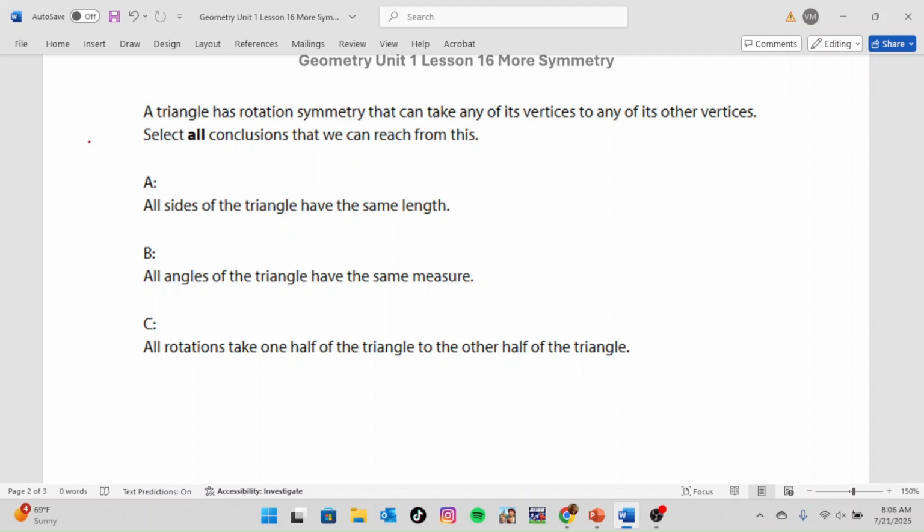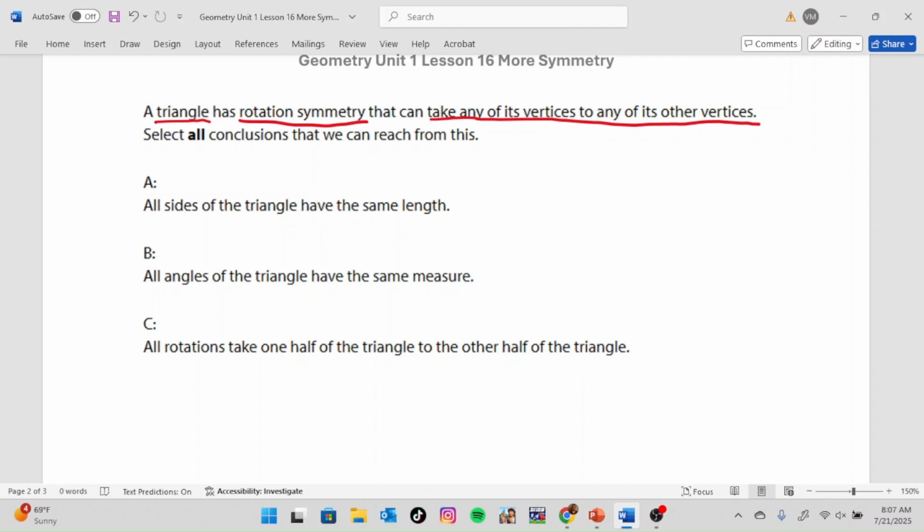Select all conclusions we can reach from this. So, again, we're looking for rotational symmetry. And we're going to have a triangle. And we want to take any vertex to any other vertex.